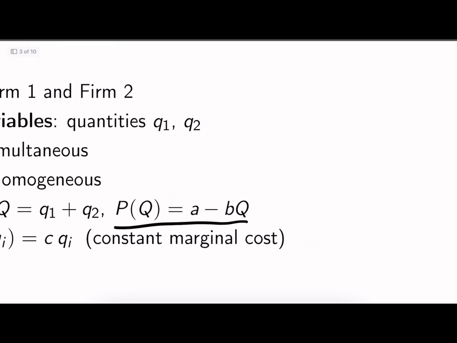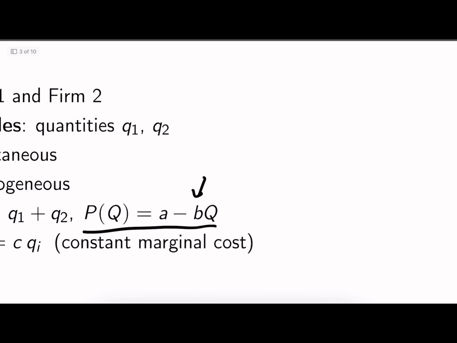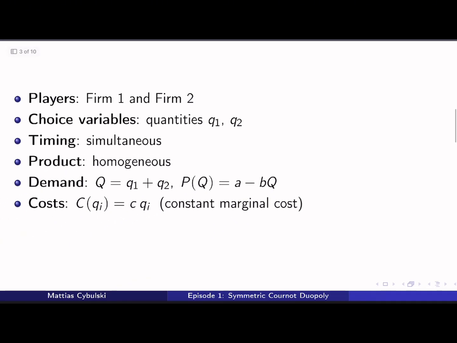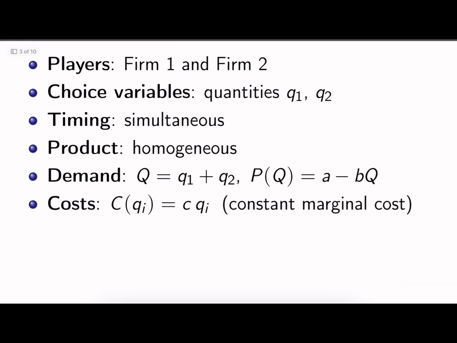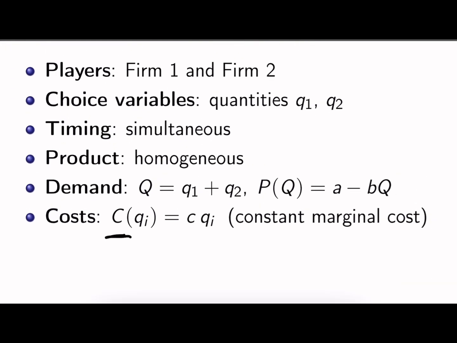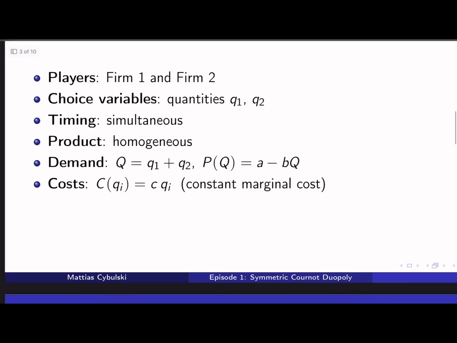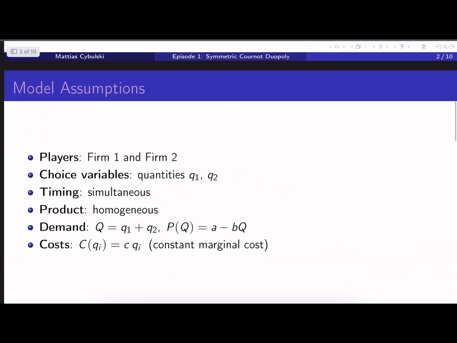You have A, which is like the market demand for your apples, and then B is essentially the slope of how much the total quantity of apples affects market demand, because there's just so many apples people can eat. Costs: this is your marginal cost, your cost of producing an apple. Constant marginal cost. So that's our model. These are our model assumptions.